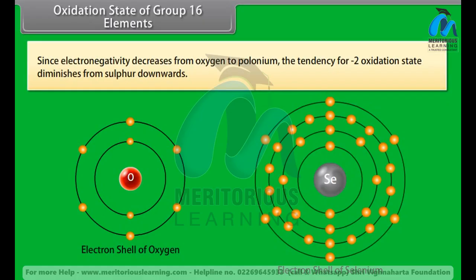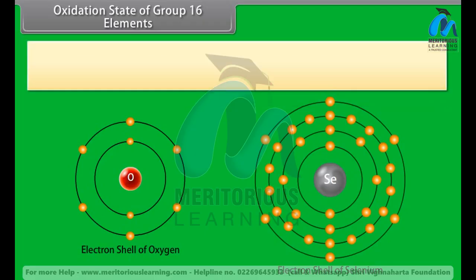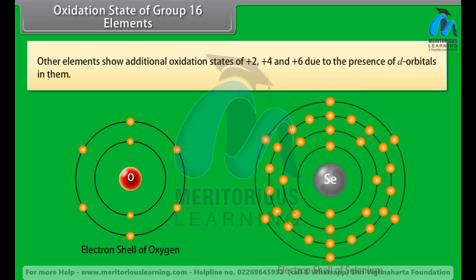Since electronegativity decreases from oxygen to polonium, the tendency for the -2 oxidation state diminishes from sulfur downwards. Other elements show additional oxidation states of +2, +4 and +6 due to the presence of d orbitals in them.